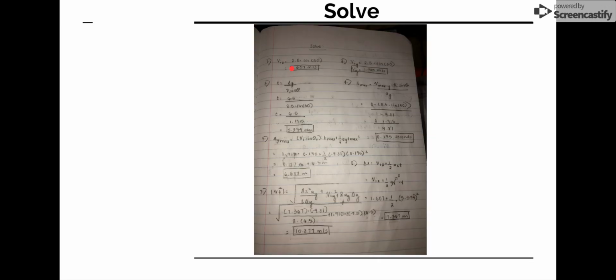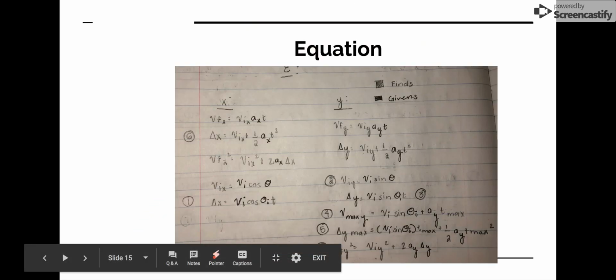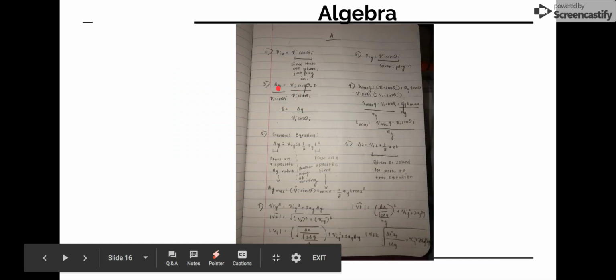But for number three, I'm going to be using this equation right here, and I already know what my delta y value is, what my velocity initial and sine theta is, but I don't know what my time is. So in order to get time alone, I'm going to divide by velocity initial sine theta to get this equation right here, and I can solve for time from that equation.